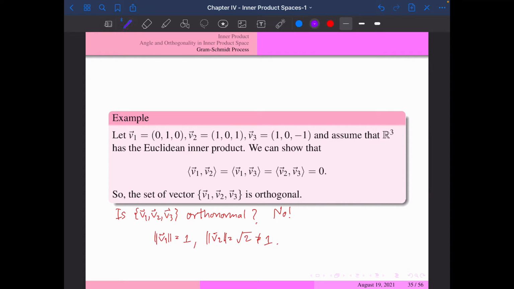From this we know that for v3, the norm of v3 is the square root of 2.